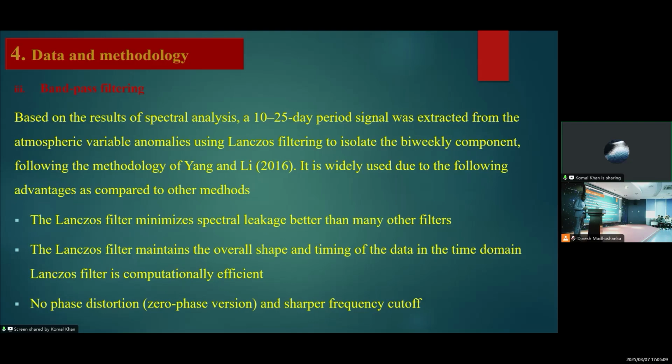We use the Lanczos filtering, which minimizes spectral leakage and also maintains the overall shape and timing. The Lanczos filter offers computational efficiency and no phase distortion. That's why we prefer it over others like the Fourier transform and the Butterworth filter.